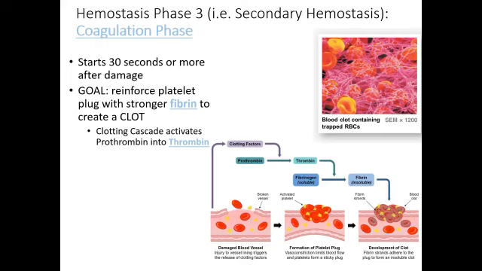Okay, at the end of that big convoluted clotting cascade that you are by all means not responsible for learning, ultimately, at the very end, we get the conversion of what is called prothrombin, right? One of those liver proteins circulating inactive in the blood, and it is then turned into thrombin. Okay, so this is an active protein, again, turned on by the clotting cascade.